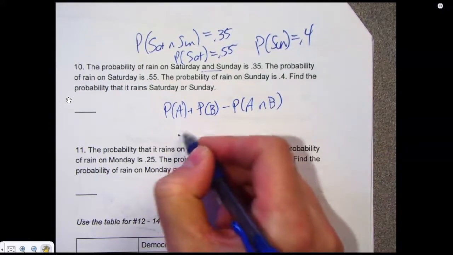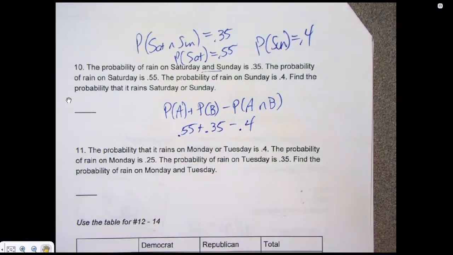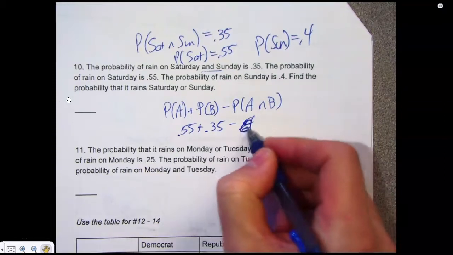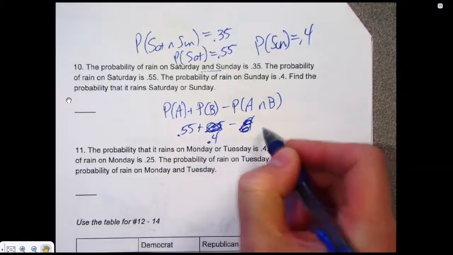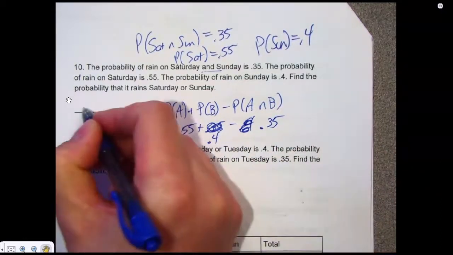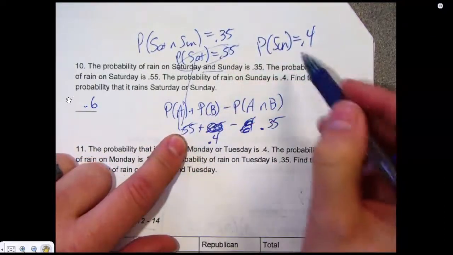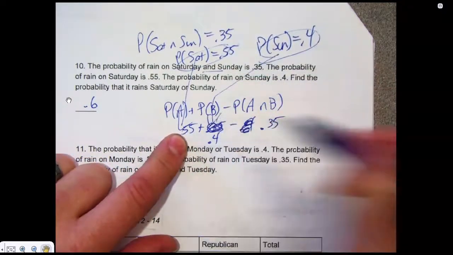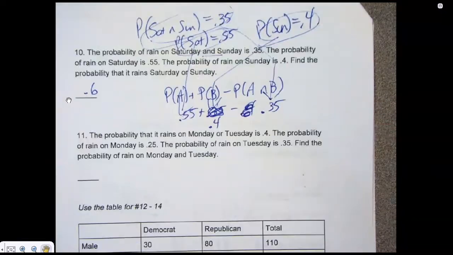So in this case, that would be 0.55 plus 0.4 minus 0.35. So I'm looking at Saturday as the A, Sunday as the B, and then the overlap is there.